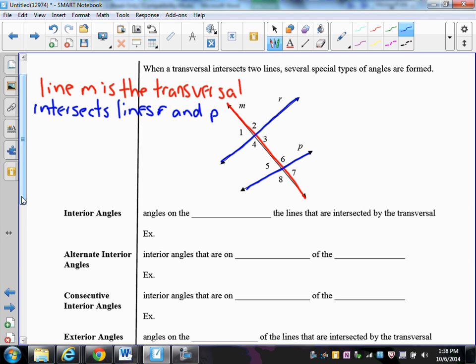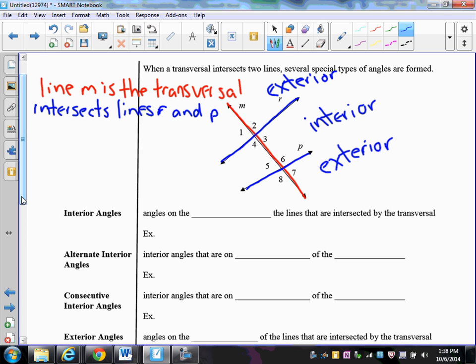So what we have here is the interior and the exterior. In between the two intersected lines is the interior. Outside is the exterior.